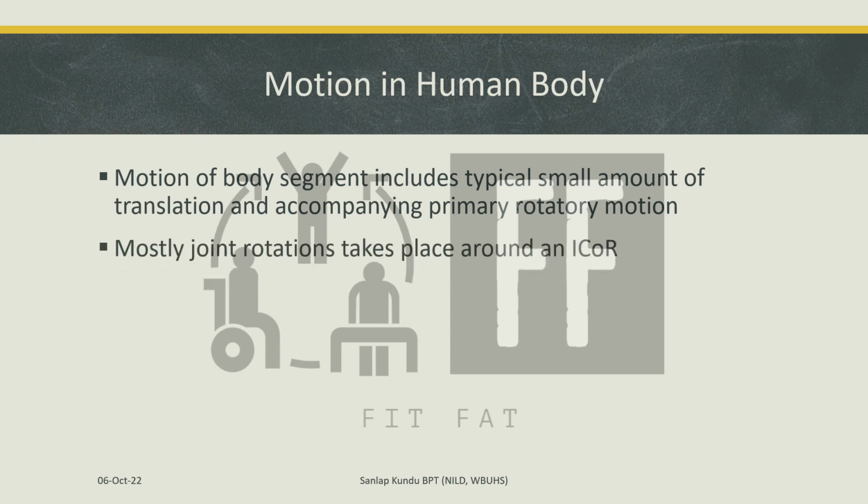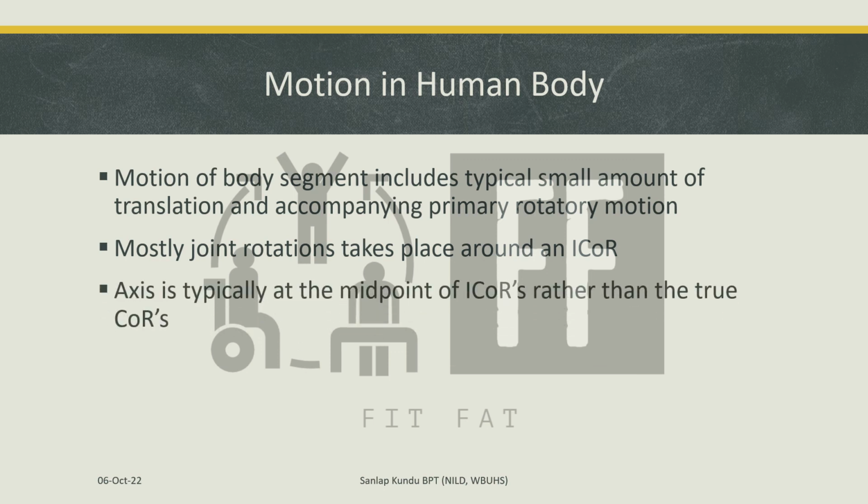Mostly joint rotation takes place around an ICR, or instantaneous center of rotation. I have already told this, right? The axis is typically at the midpoint of ICRs rather than the true center of rotation. Now this point is very important as MCQ can come from this point, right?